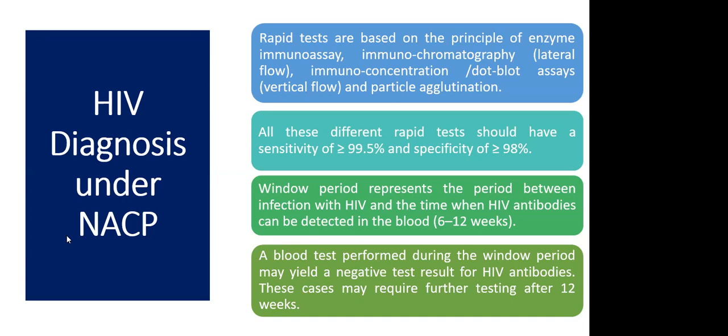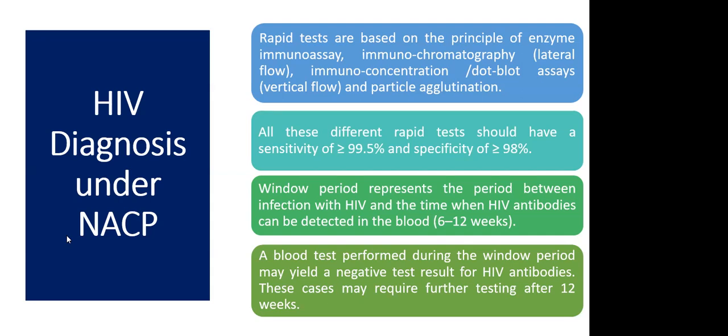So this represents the period between the initial infection with HIV and the time when the HIV antibodies can be detected in the blood. A blood test performed during this period may yield a false negative result, and this may require further testing after 12 weeks.